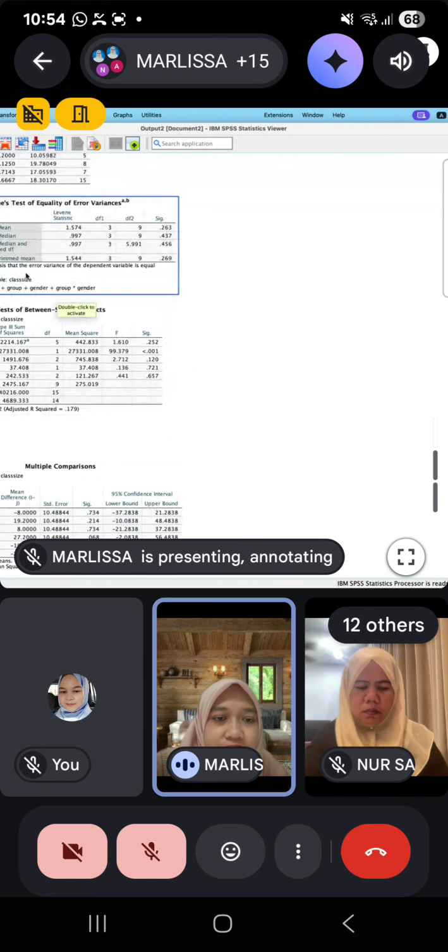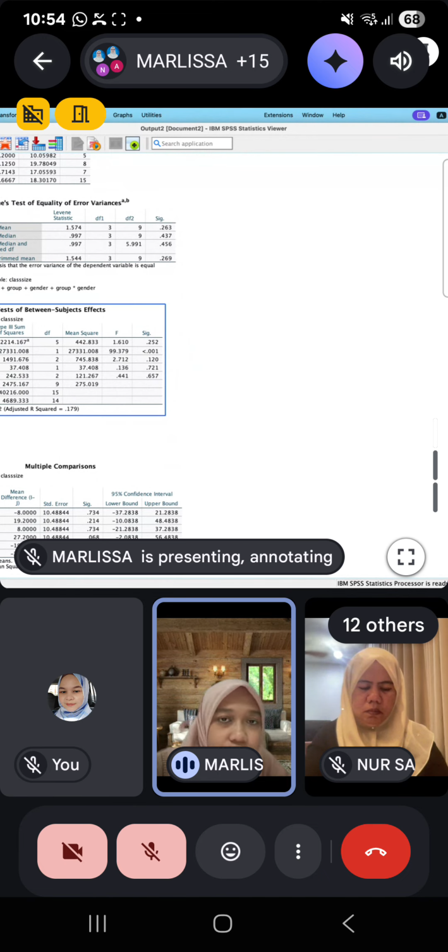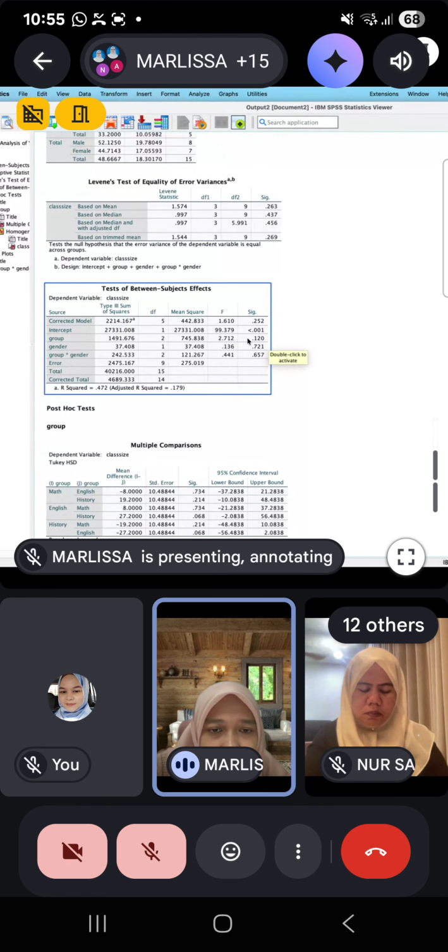Okay, so let's look at this first. Test of between subjects. If you look at here, the group, can you see the line that I show here? You can see this is the main effect for group.